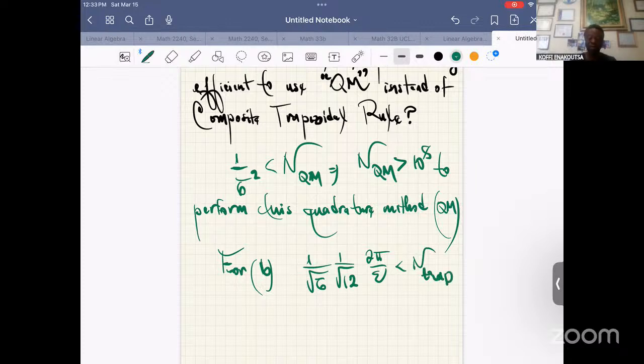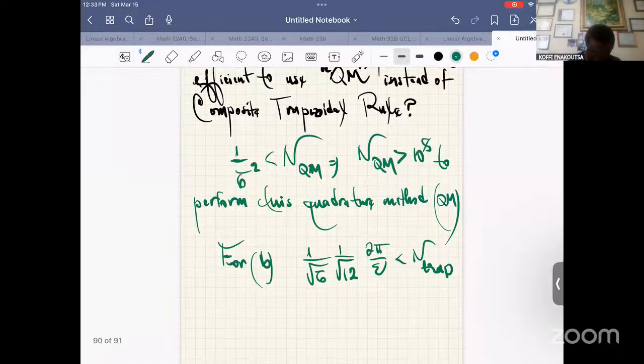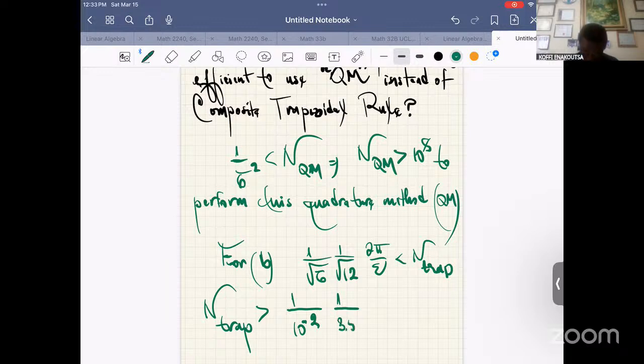Okay, so from there, we can say that NTRAP is greater than 1 divided by root of tau, 10 to the power negative 2. Okay, 1 over root of 12. Root of 12 is approximately 3.5, let's say.